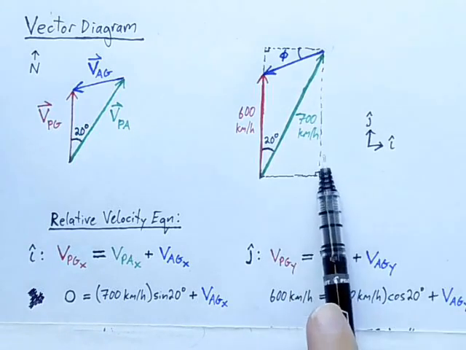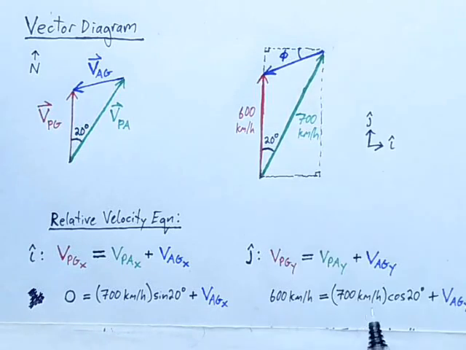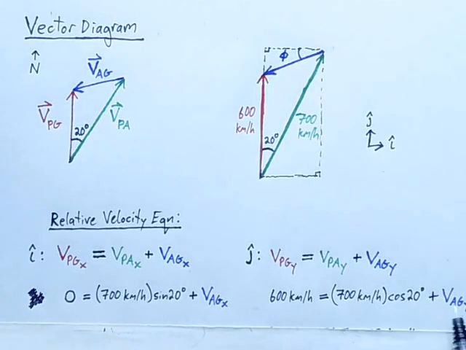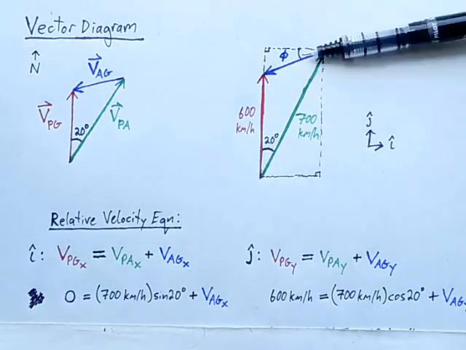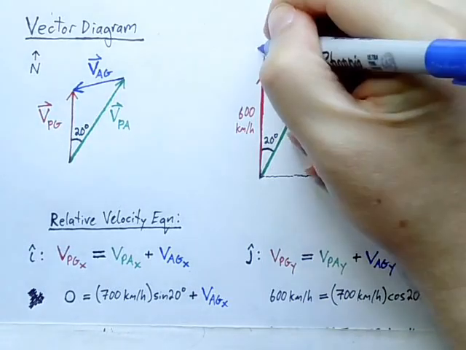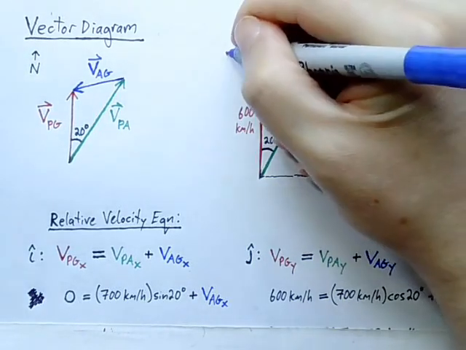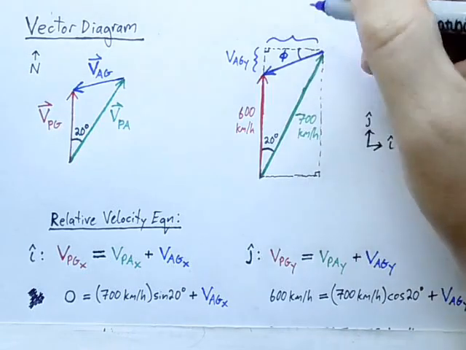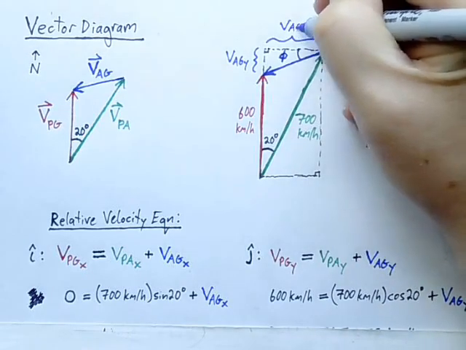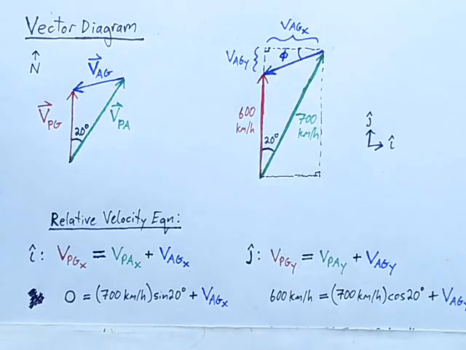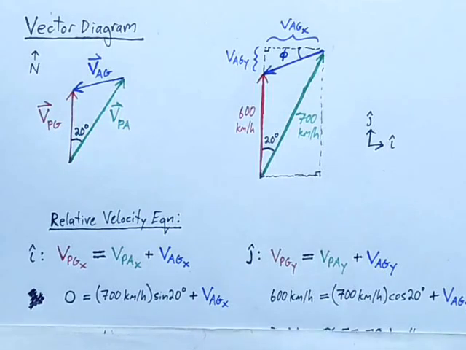So that'll be 700 cosine 20 degrees, and that points in the positive y direction, plus the y component of our wind velocity, which would be this little thing right here. That's the y component, and that's the x component of our wind velocity. So we're able to solve for those two components.